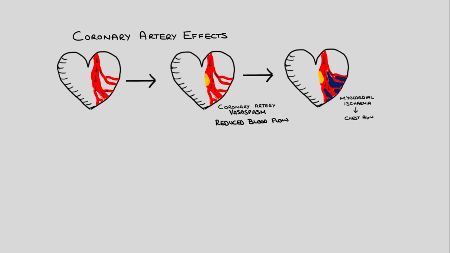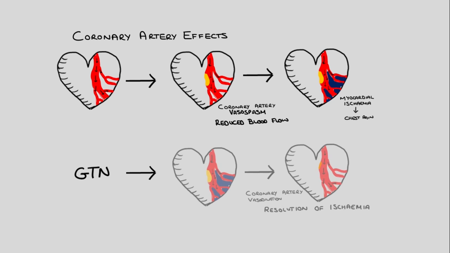And as we know, reduced blood flow leads to myocardial ischemia and chest pain. So if our patient takes a nitrate, this will cause vasodilation of the coronary artery, and if you vasodilate the artery around the thrombus, blood flow is going to be restored and you're going to get a resolution of ischemic chest pain.